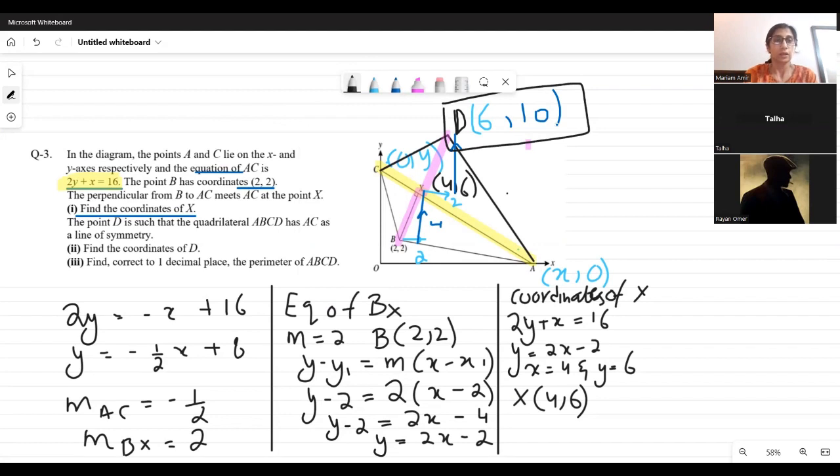Part 3 says find correct to 1 decimal place the perimeter of ABC. How do we do that? पेरीमीटर ऑफ काइट क्या होता है? Perimeter होता है sum of all sides.